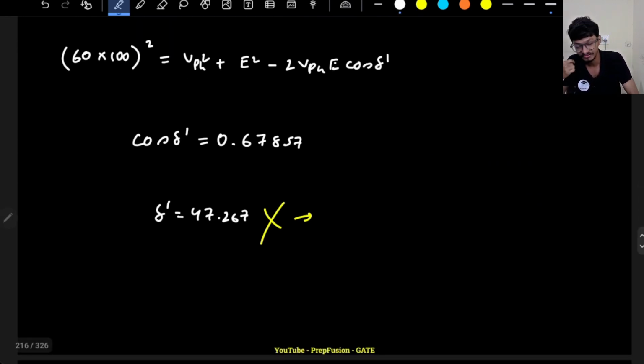Your delta has to be negative, it cannot be positive. For a motor, delta has to be negative. So delta dash will be minus 47.267, because cos of minus theta and theta are the same. So just be careful regarding this. This is the answer. Negative sign will be the answer.